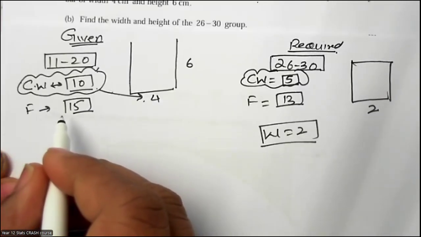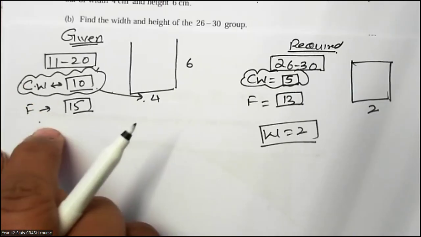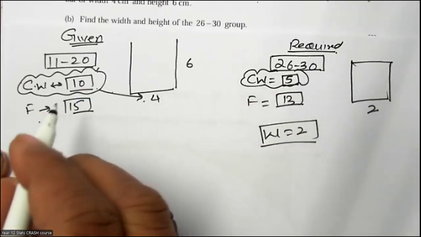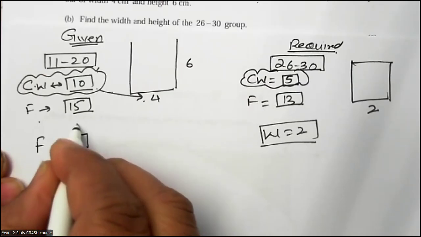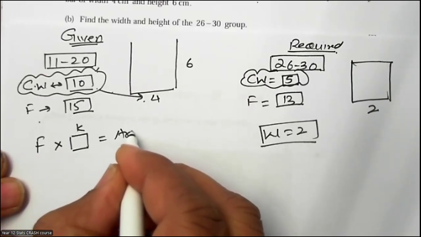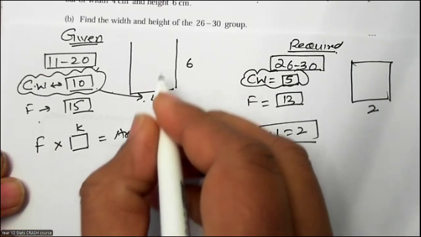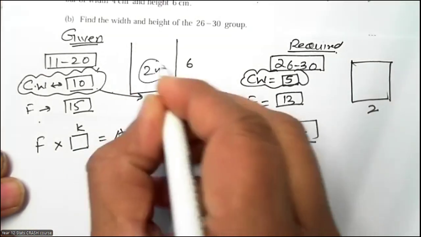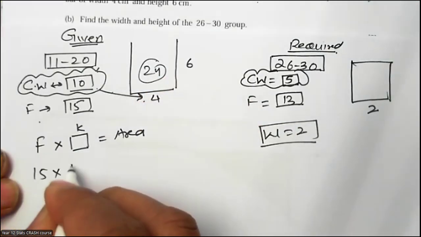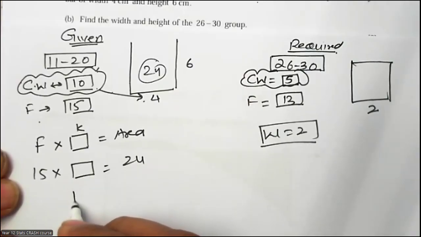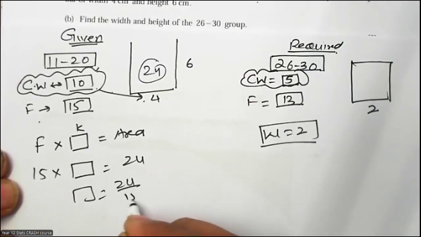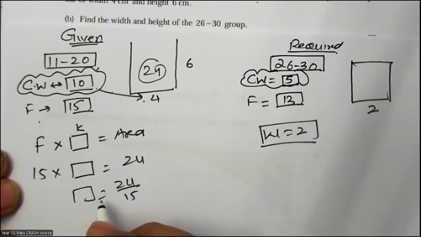Okay, now the height. For height, we advise you to start from the frequency, because frequency is given in both the cases. So frequency times by something, k, is equal to the area. And how much area is 24? So guys, frequency 15 times by something is equal to 24, and that something is 24 divided by 15, which obviously gives you, if my calculation is correct, 8/5.